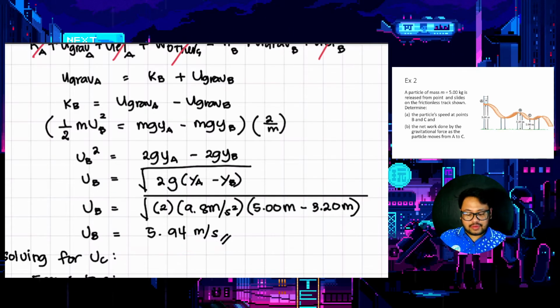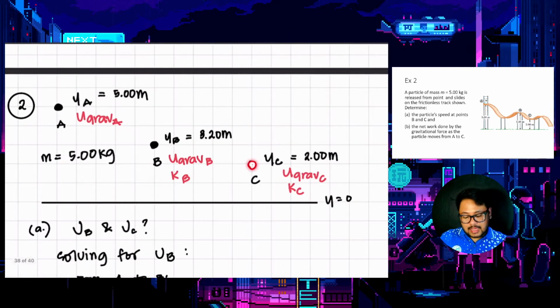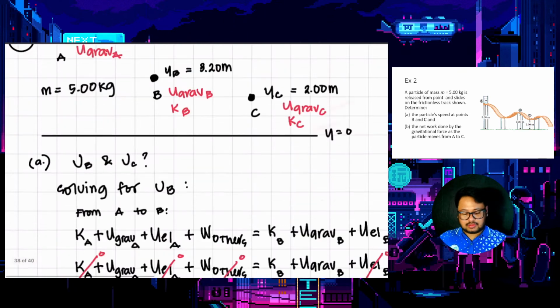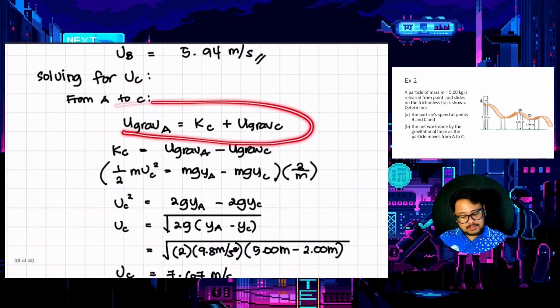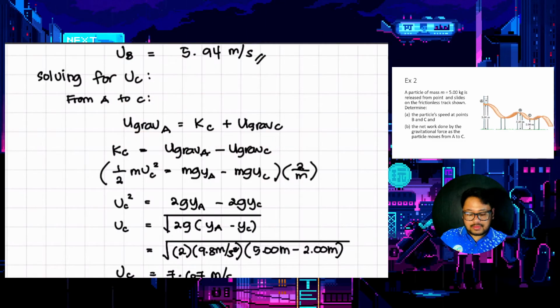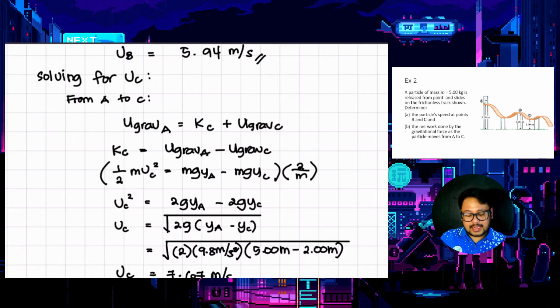And for letter C, for the speed at point C, I want to analyze it from point A to point C. So U grav A is just equal to U grav C plus Kc. By the way, this is still coming from conservation of mechanical energy.